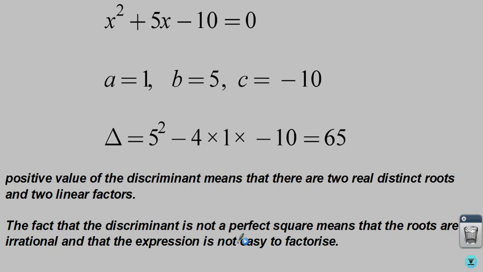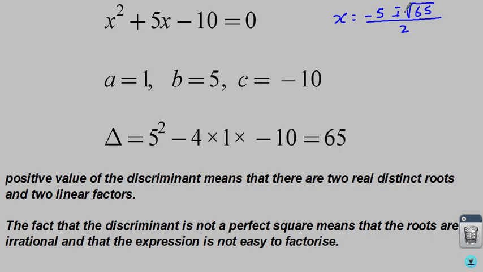Let's do the calculation. x is equal to negative b plus or minus the square root of 65 divided by 2a, which is 2. And the square root of 65 is irrational. So when you work out negative 5 plus or minus the square root of 65 divided by 2, you will obviously get an irrational number.